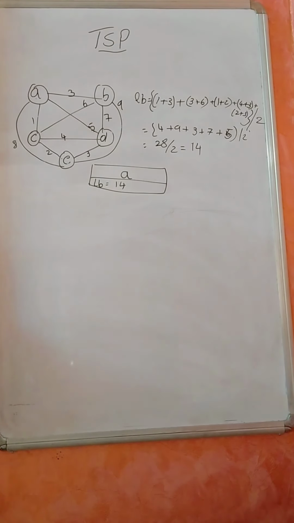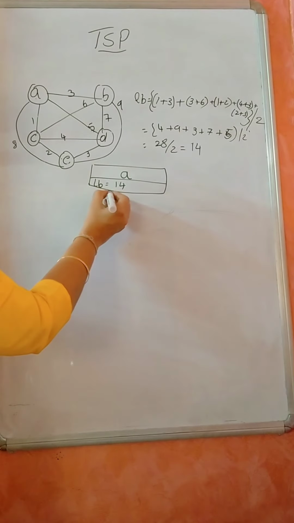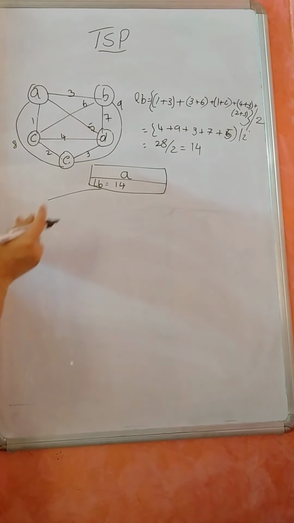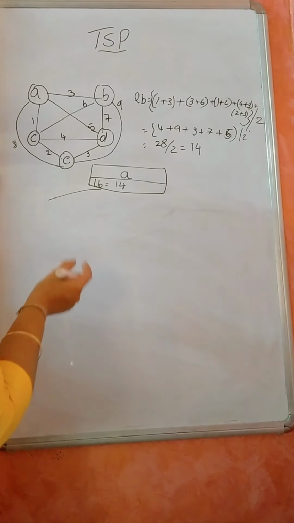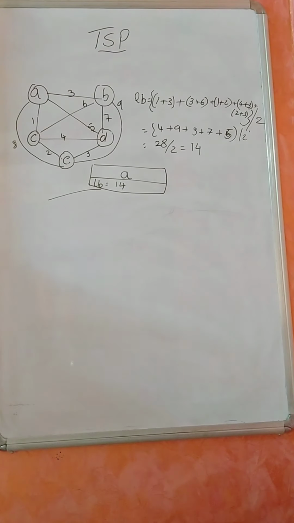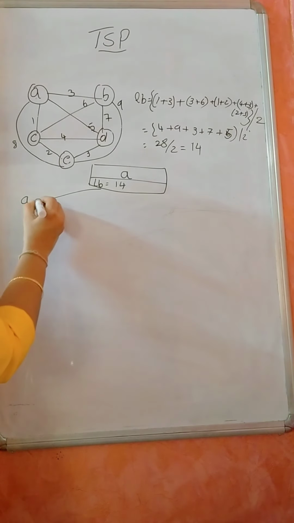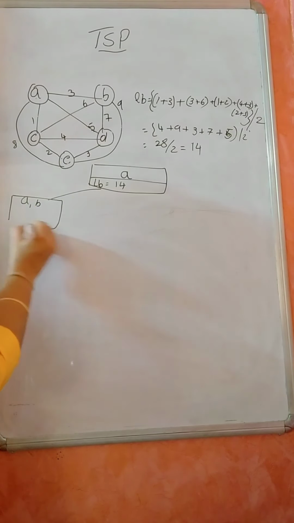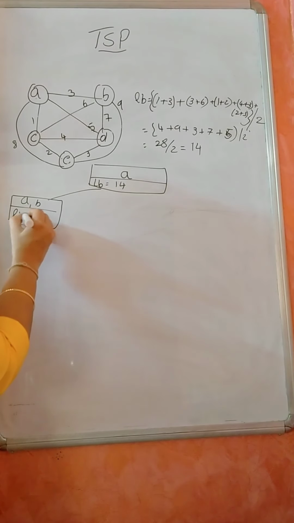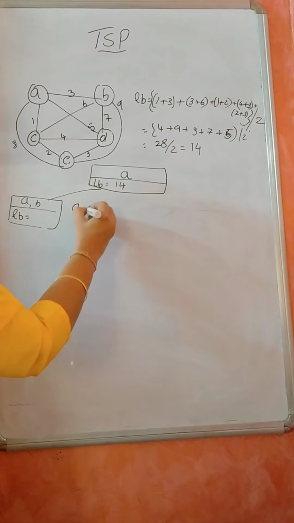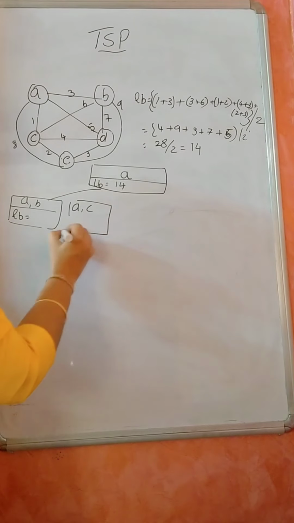Next, the initial starting city is A. From where can I move from city A? From city A, I can move to B, one option. From A, I can go to C, second option.